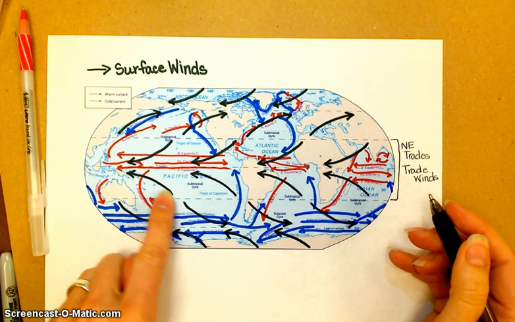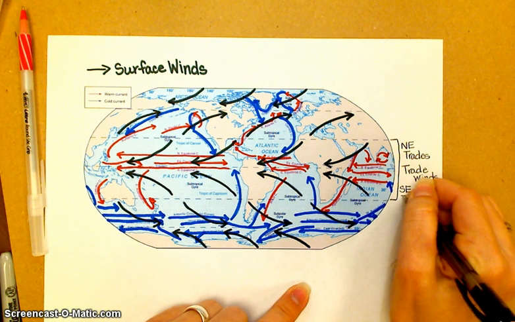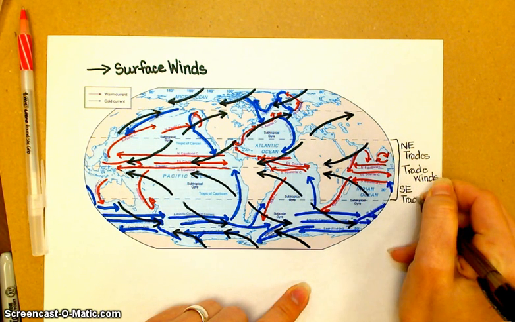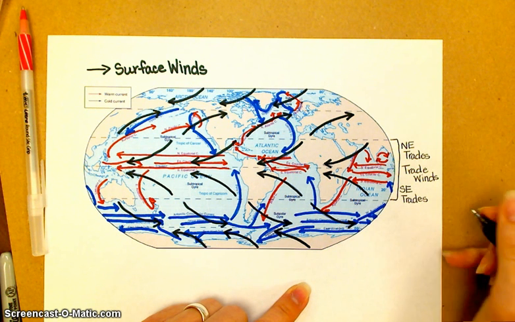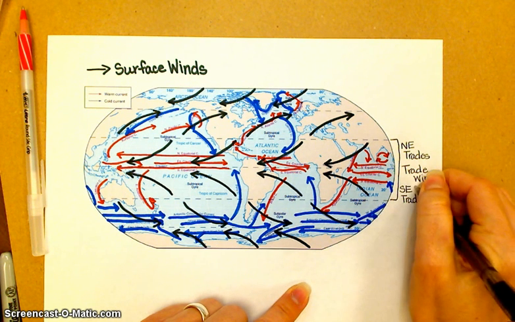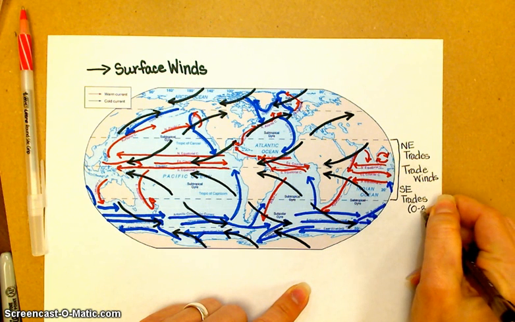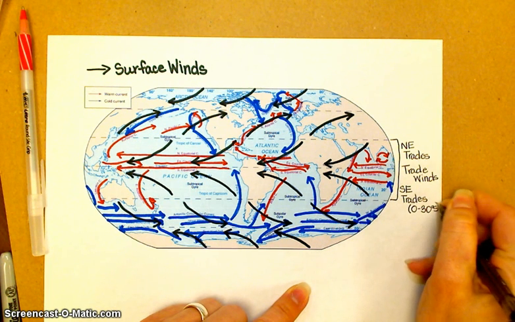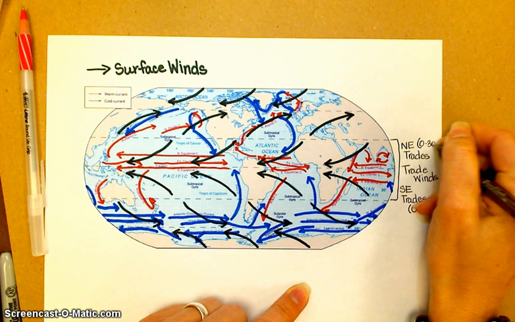Those are known as the southeast trades. Your southeast trades are 0 to 30 degrees south, and your northeast trades are 0 to 30 degrees north.